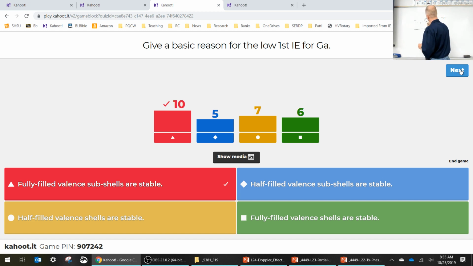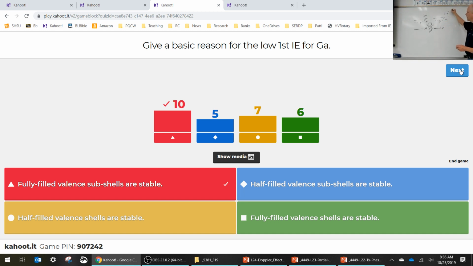So this one was fully filled. So this was rubidium. And then for gallium, it also had a low one, but why was gallium low?